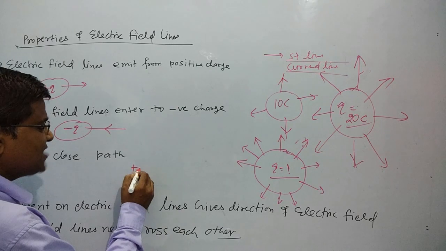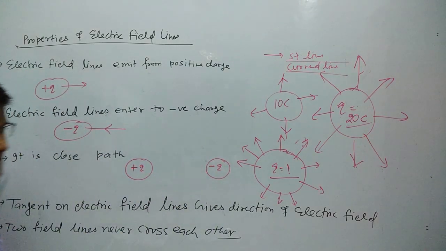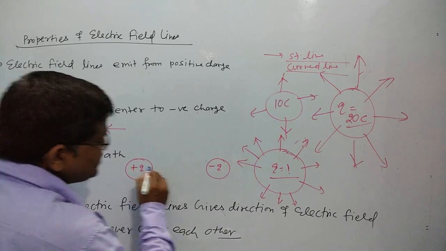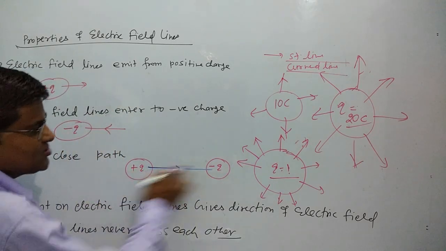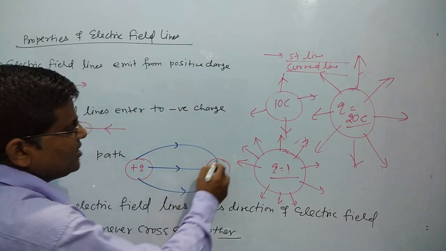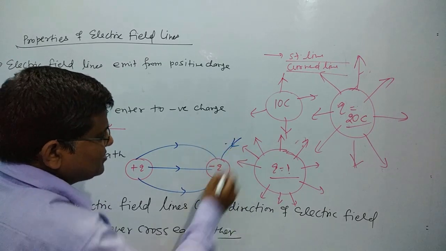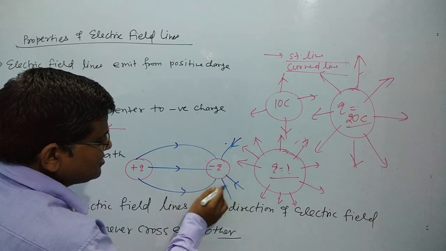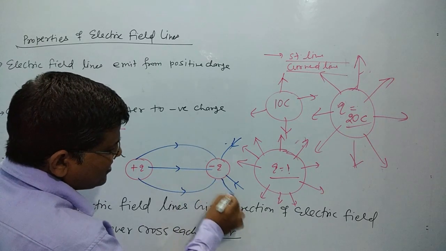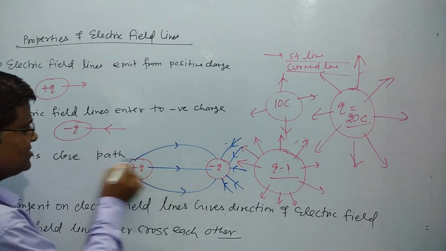Suppose that one is considered a plus charge and the other is considered a minus charge, then the lines go from plus to minus. This one is this and this one is this, and this is in the inner direction. Somewhere it bends here because the lines must be perpendicular, and this is outward.